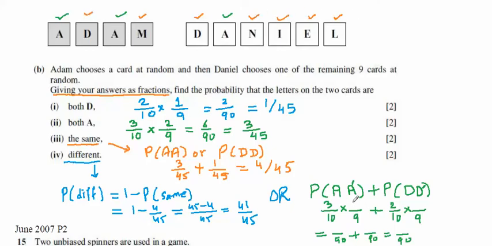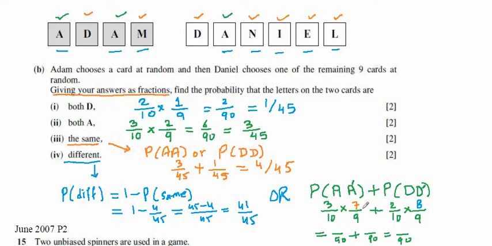So this will be 7. And similarly, if one is D and there are only 2 D's, the remaining 8 cards are not D, which you can say 1, 2, 3, 4, 5, 6, 7, and 8. So this will be 8 out of the remaining 9 cards, because one card is already taken.